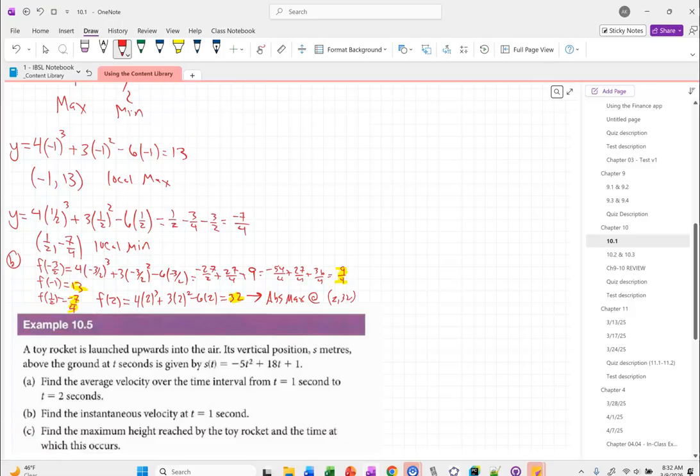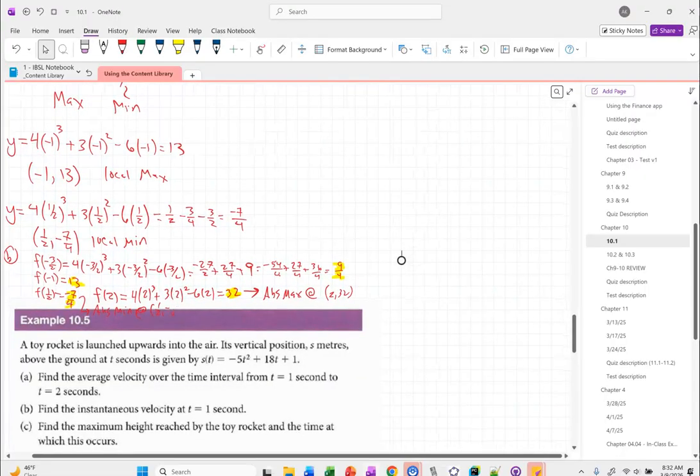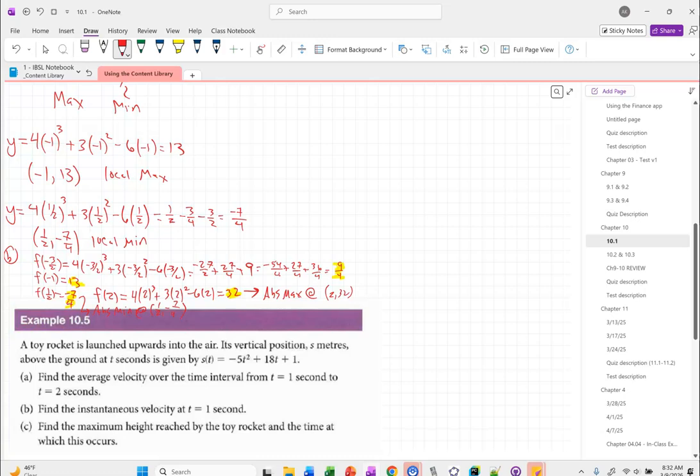Notice that was not our local maximum. That's okay. Which one is the smallest? Negative 7 over 4. Okay, so that tells me our absolute minimum is at 1/2 comma negative 7 over 4. Which was a local minimum. That's okay.